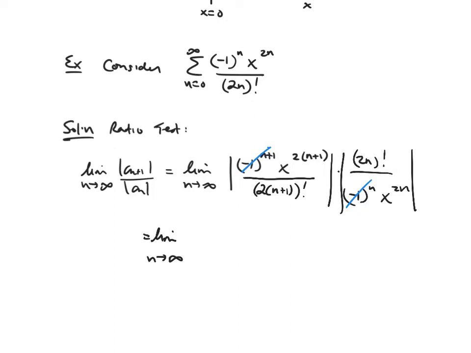And then I'm going to group like terms like I have been doing before. If I look at my factorial terms, I've got (2n) factorial over (2n plus 2) factorial, and then remaining, I have x to the 2n plus 2, when I expand that out, over x to the 2n.